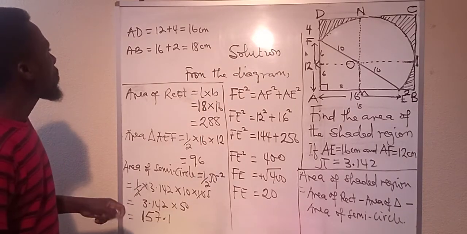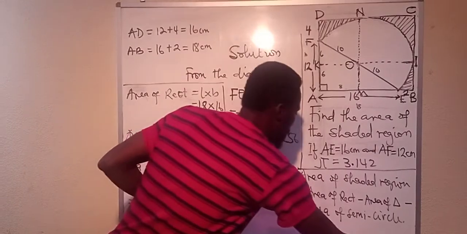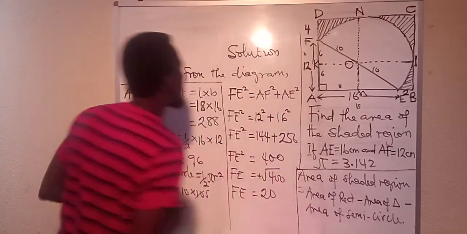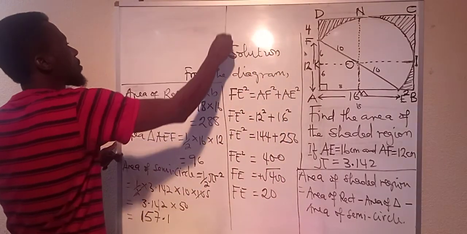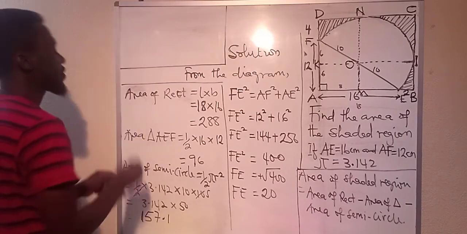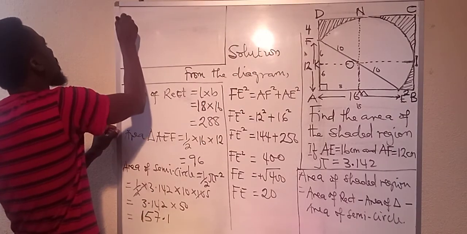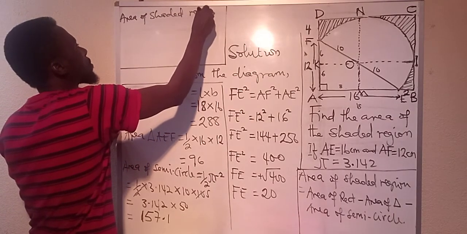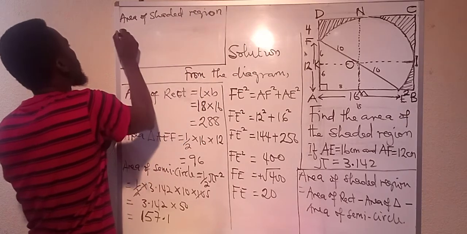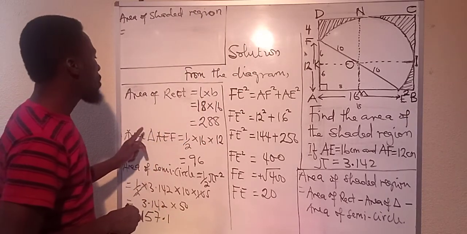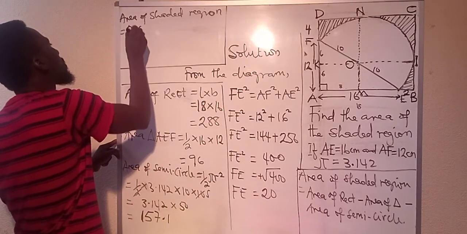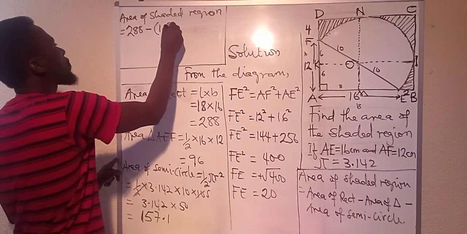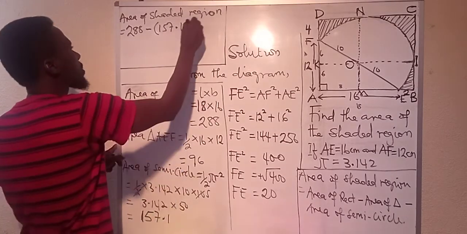All right. So now we can wipe this off so that we make use of that space up there. So here, let's rule a line so that we make use of this space. The area of the shaded region is equal to the area of the rectangle, which is 288, minus the sum of 157.1 plus 96.